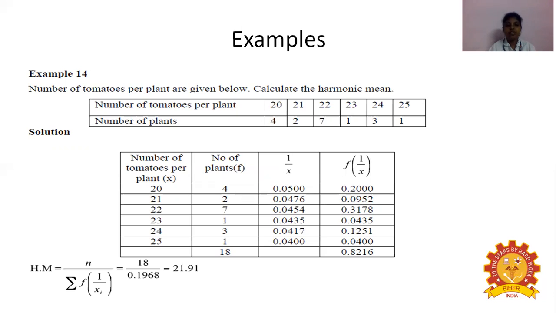Now come to the solution. First write the x column values. Next write the frequency column values. Next find 1 by x. Next find the f into 1 by x column. Now write the formula for harmonic mean. Substituting the values, finally we'll get 21.91.